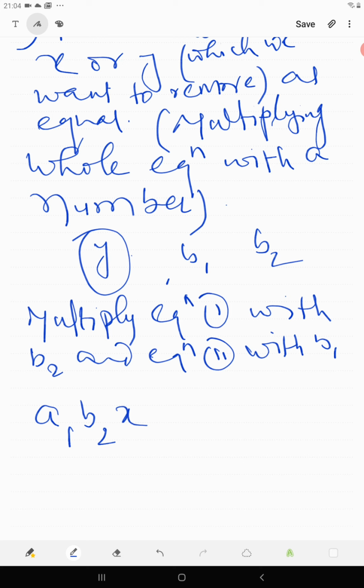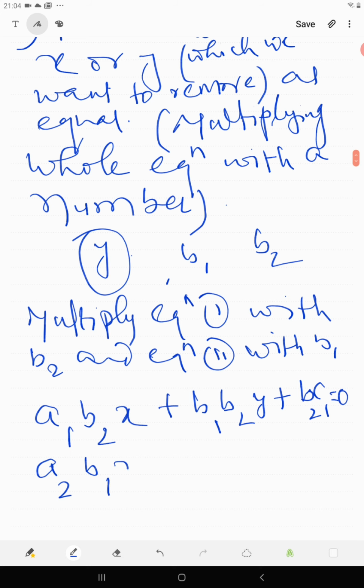So a1 b2 x plus b1 b2 y plus b2 c1 equals 0. The second equation we multiply with b1, so it will be a2 b1 x plus b1 b2 y plus b1 c2 equals 0.